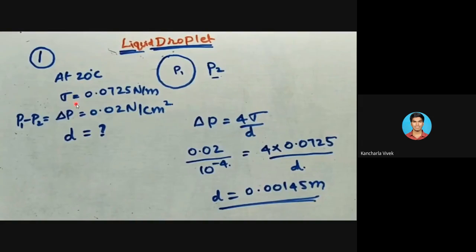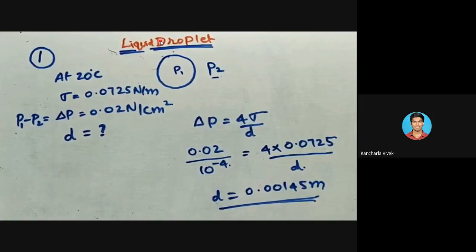Surface tension acting is 0.0725 Newton per meter. Change in pressure they have given. Initially, what is change in pressure? Pressure of the inner bubble minus the pressure of the surrounding air, or atmospheric pressure, is 0.02 Newton per centimeter square. We have to find D.